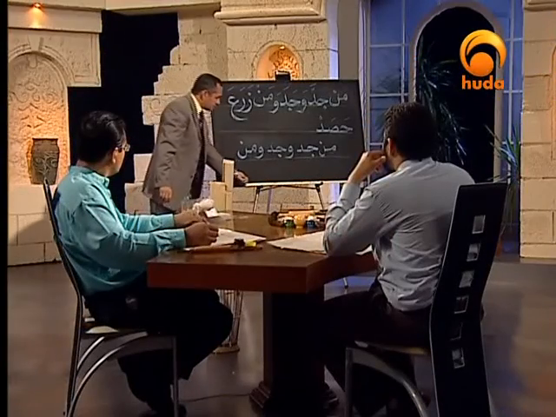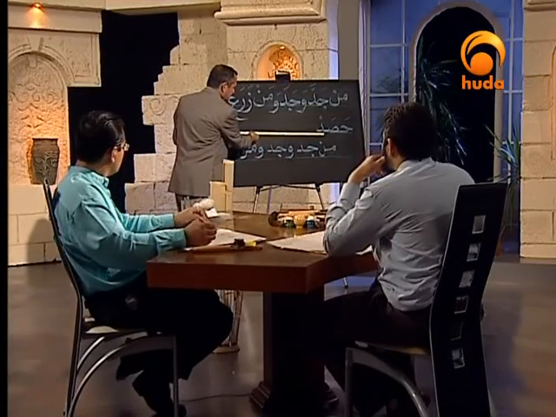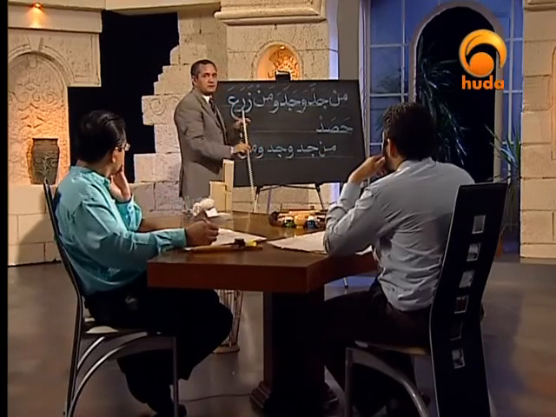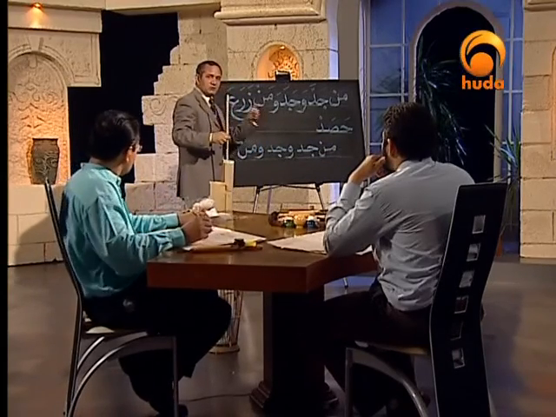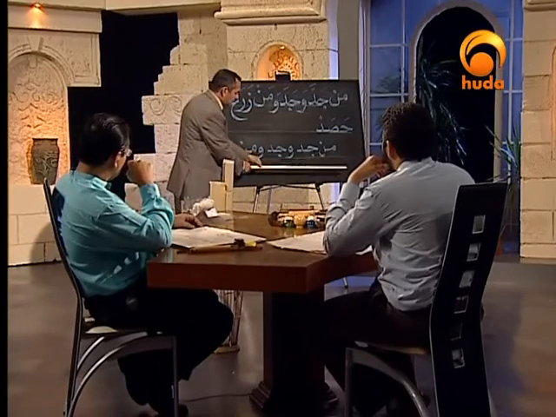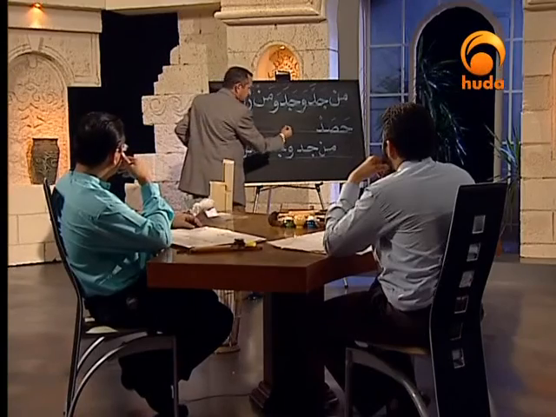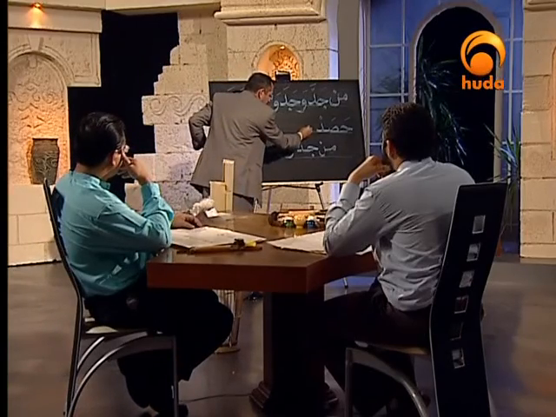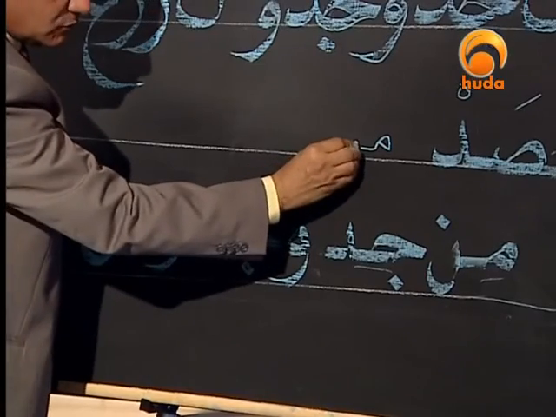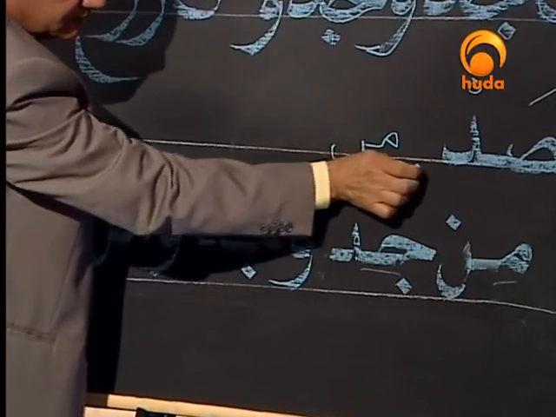So again, let's try here on the line, but this time I'm not going to use the rule. So I'll just only make an abstract line on my paper, then I'll keep this out, and let's start to practice. Meme. Noon will come below the line or on the line.